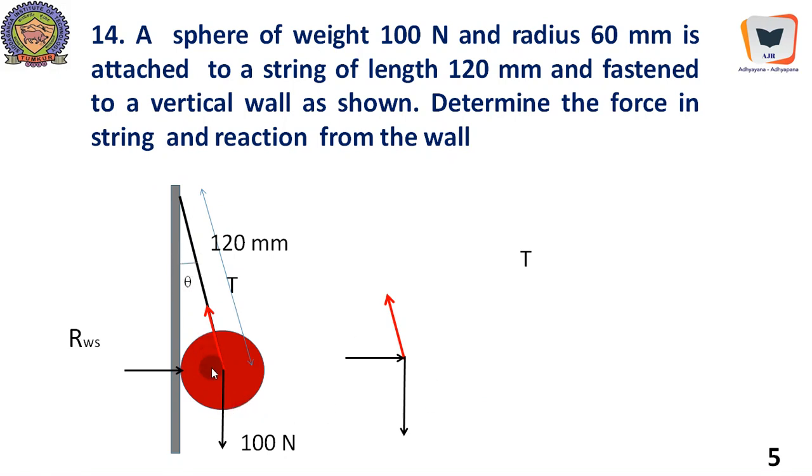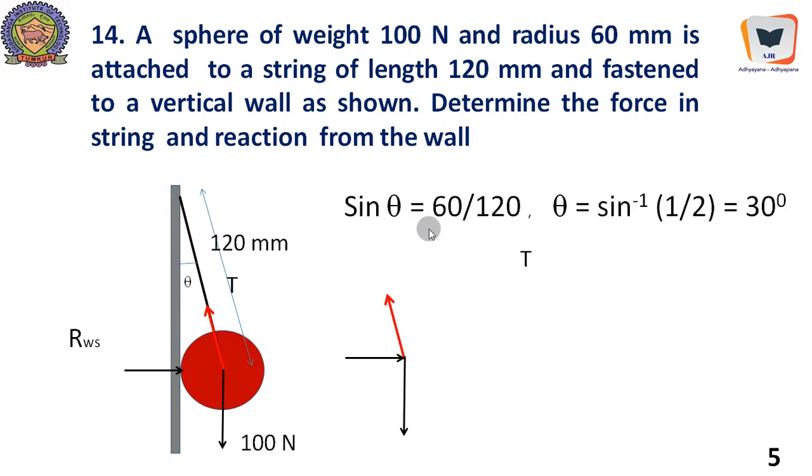If we take sine theta, we will know the opposite side and the hypotenuse. Therefore, sine theta equals 60 by 120, so theta happens to be 30 degree. So we will write this: this is tension in the wire, and this is 30 degree. This is the reaction from the wall, and this forms the free body diagram of this particular sphere.